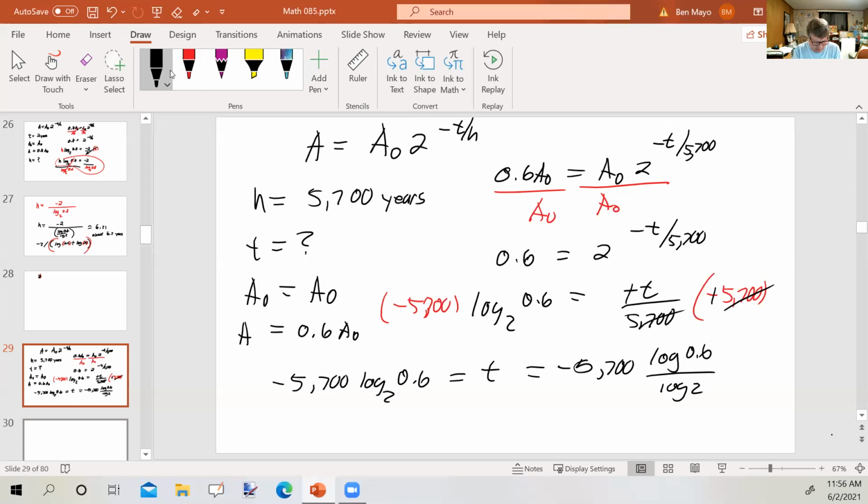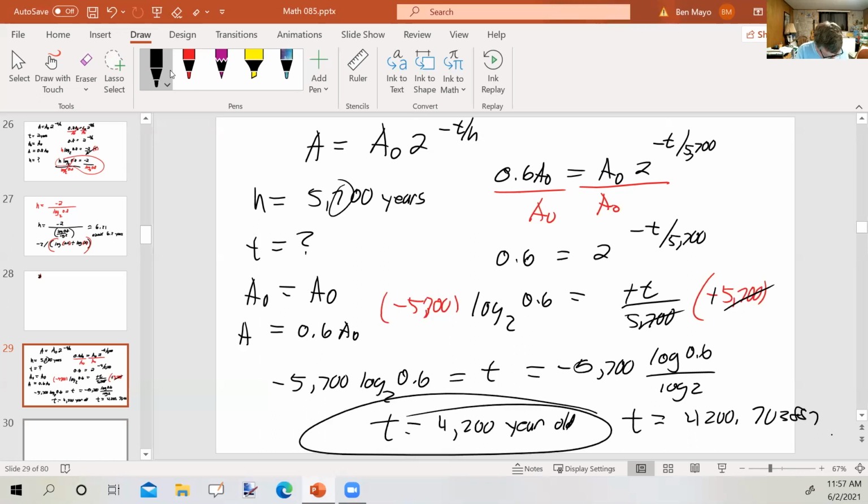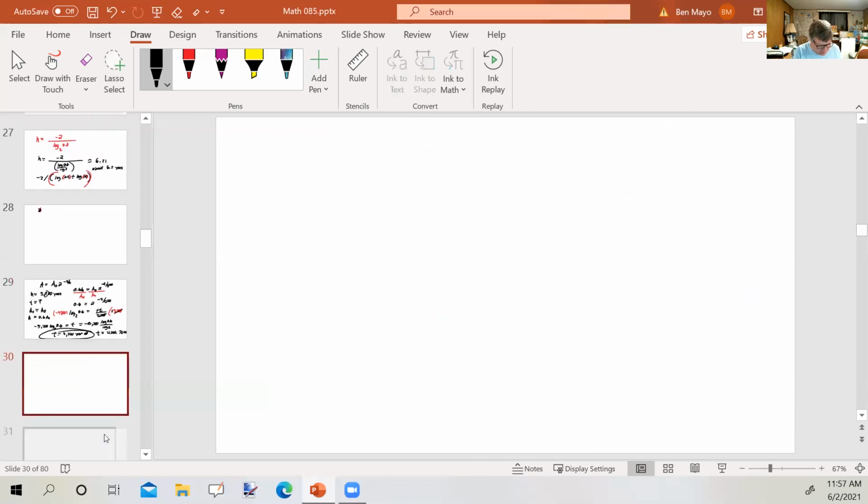And putting that into the calculator, negative 5,700 log of 0.6, close it up, divided by log of 2, close it up, and I get 4200.703887. Because the half-life was given to the nearest 100 years, they wrote their answer to the nearest 100 years. So 4,200 years old.